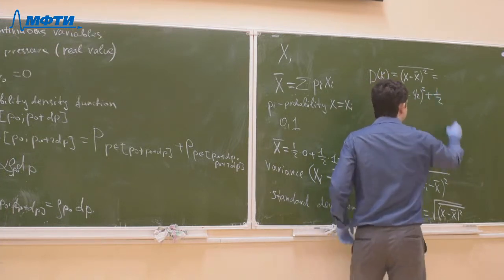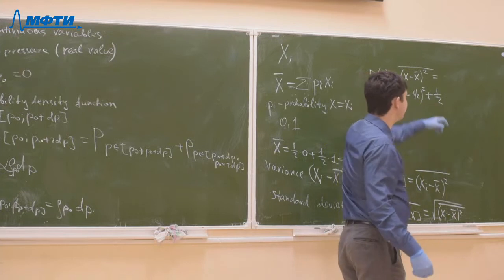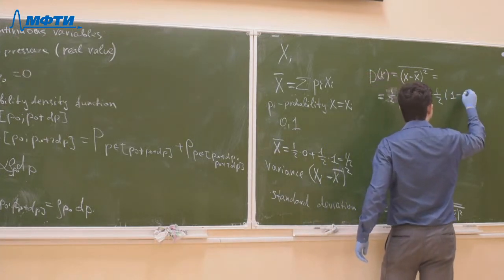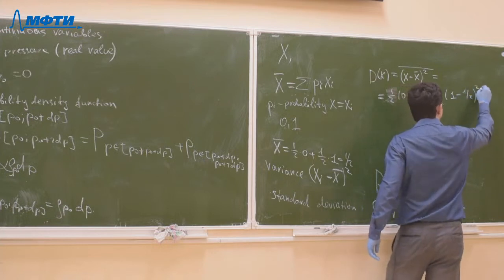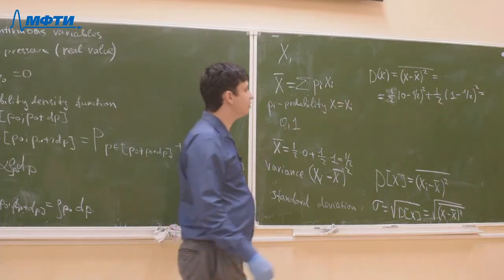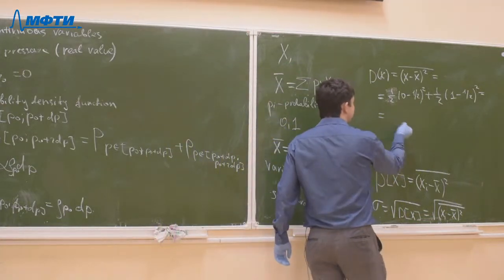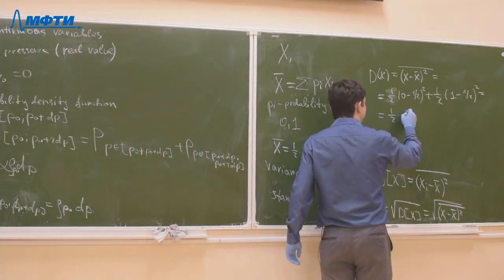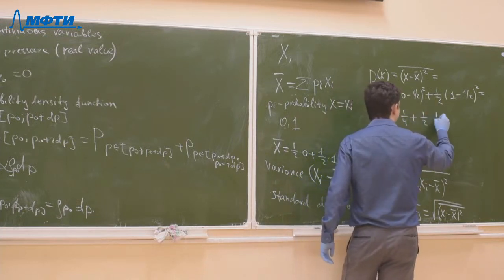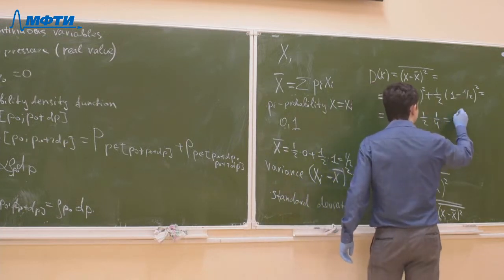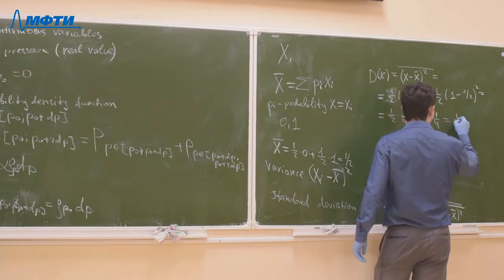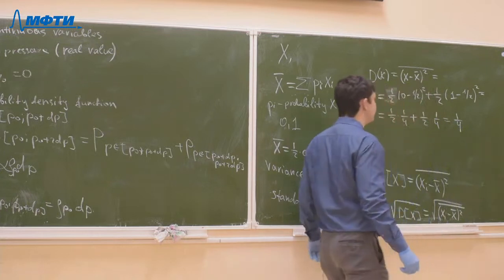plus 1 over 2, with probability 1 over 2, you have 1 as a result of the coin toss. So at the end you have 1 over 2 multiplied by 1 over 4 plus 1 over 2 multiplied by 1 over 4. Altogether it gives you 1 over 8 twice. So this is 1 over 4.